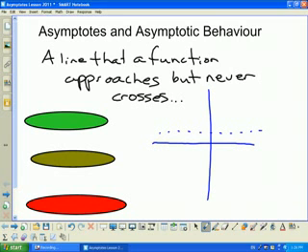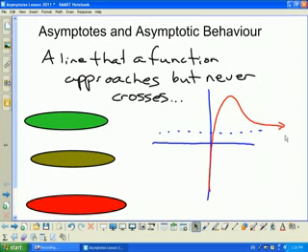Let's pretend there's a horizontal asymptote. It's possible for a function to do this. Ooh, look. The function actually crossed the asymptote. But at the extreme ends, at the extreme values, as x approaches positive infinity, it becomes an asymptote.